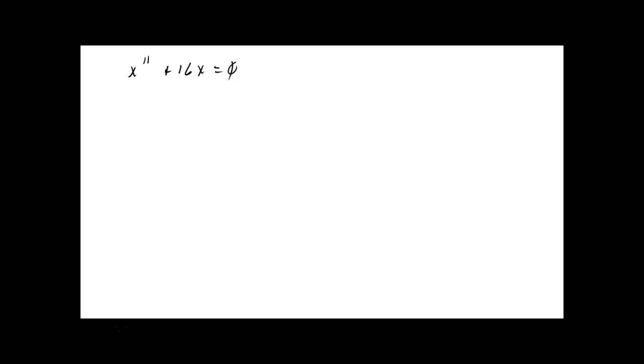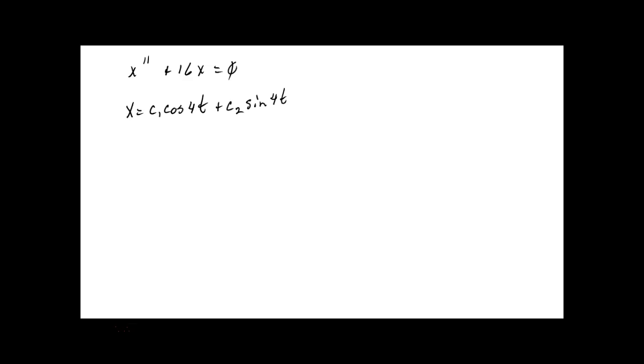And a 2 parameter family of solutions would be x equals c1 cosine 4t plus c2 sine 4t. That would be a solution. I don't know if you remember that, but we did it.